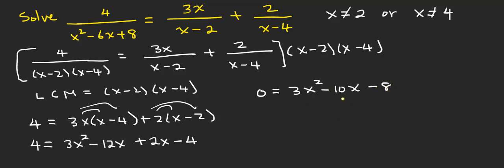Now, you might want to use the quadratic formula. Yeah, that's one option, but you should also notice that this is factorable. If this is factorable, then it's faster to use the factoring method than the quadratic formula.